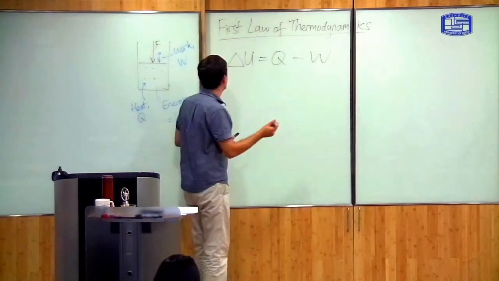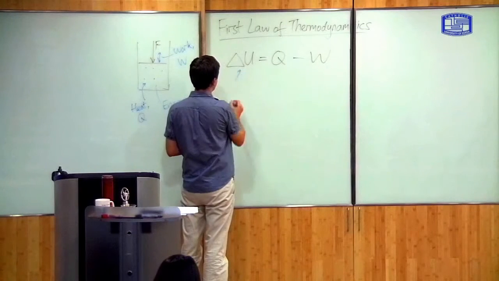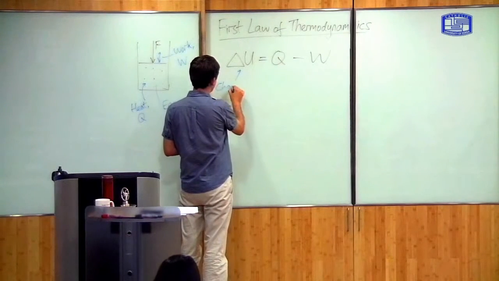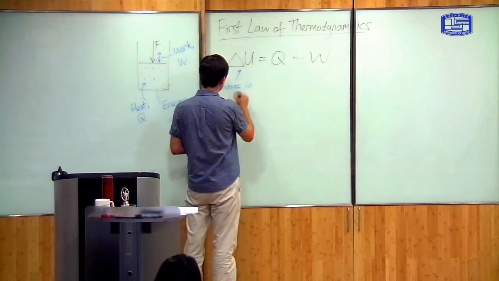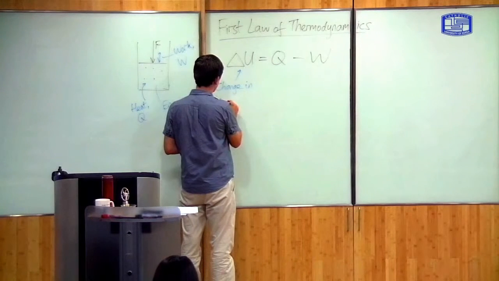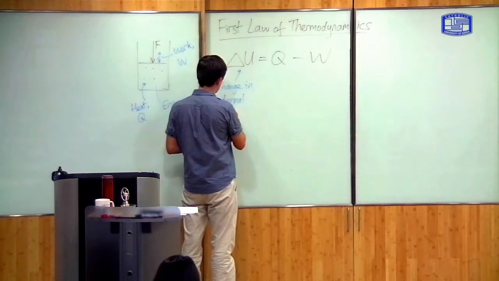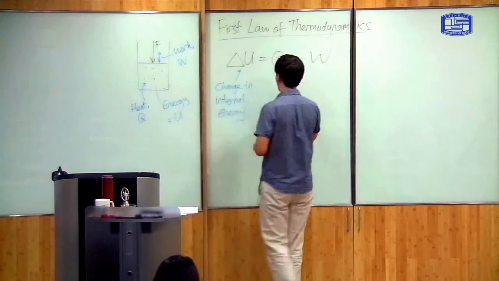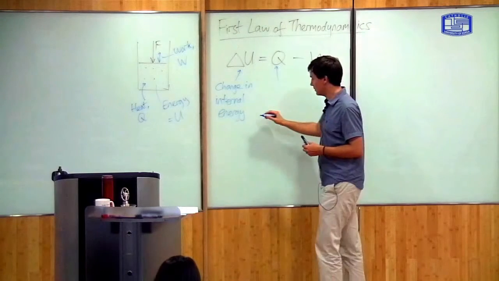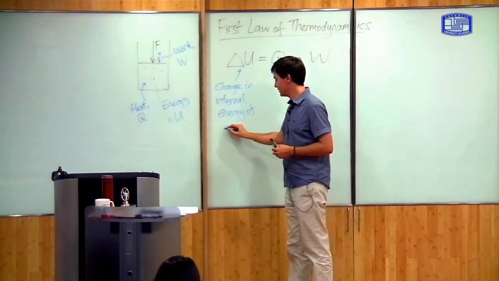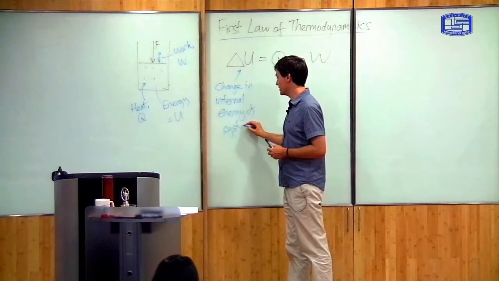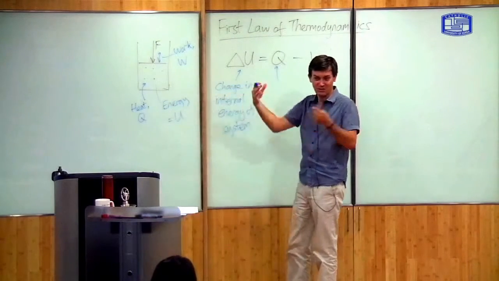I've explained in words, so let me write what each of these terms is. Delta U is the change in internal energy of a system. The system can be a gas as I've drawn it, but it can be anything.